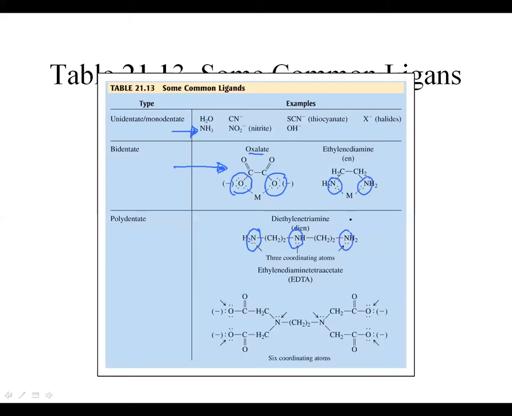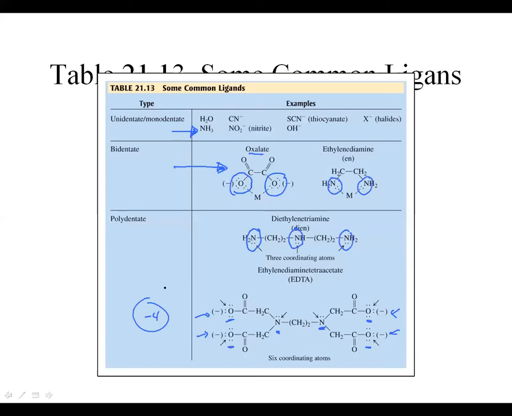And you can see again at those 6 spots where I circled in the last slide, 1, 2, 3, 4, 5, and 6. You can also see it has a -1, -1, -1, and -1, so like a -4 charge overall on EDTA that happens there at those oxygens.